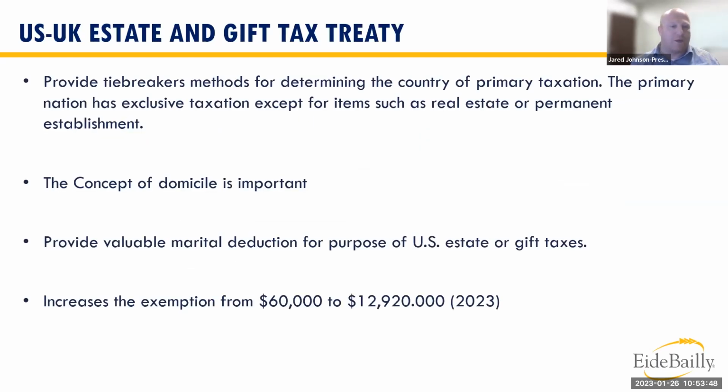There's some planning we can do around the concept of domicile that we want to hit on. And then we've already talked about the marital deduction and the QDOT. So there's some planning here. We also already talked about the planning around the $60,000 exclusion versus the 12.92 for U.S. domiciliaries, right?